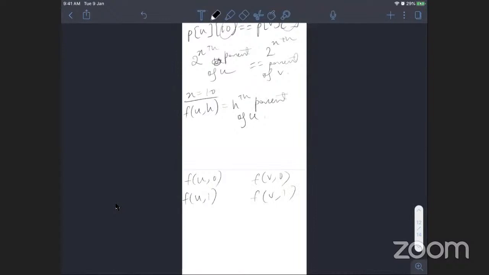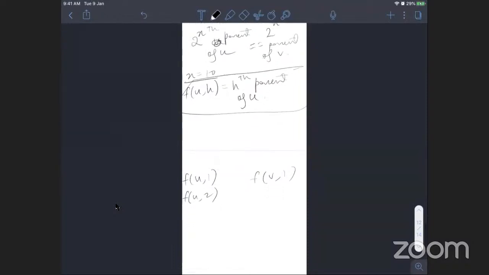Sorry, technically there is no zero. F(U,1) denotes the first parent, F(U,2) denotes the second parent. I'm not talking about powers of twos here. I'm just talking about the Hth parent, not the 2 to the power Hth parent. This is a simpler definition.